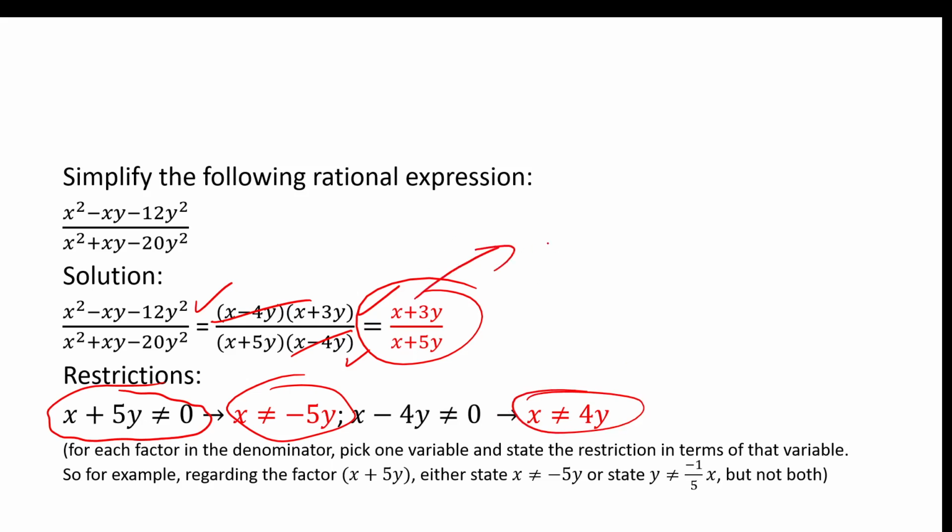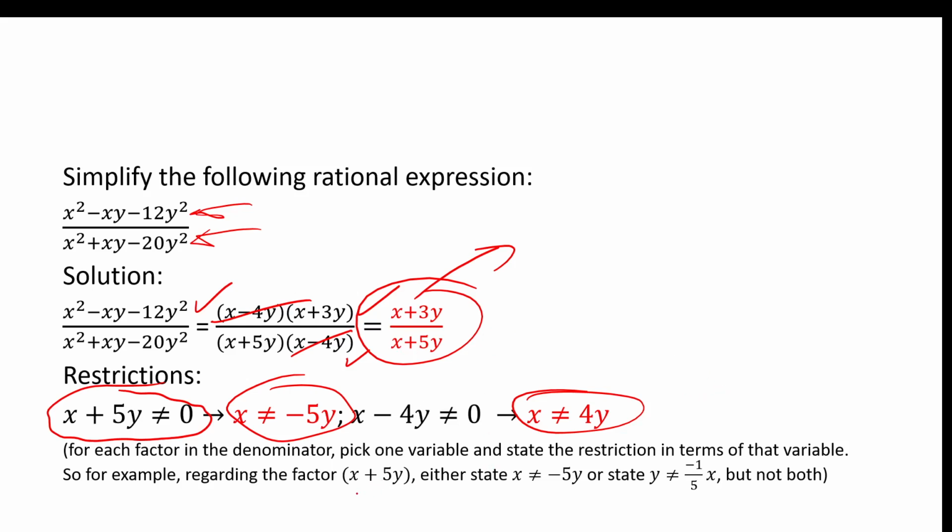Again, we do not say x plus 3y can't equal 0 because x plus 3y can equal 0. It's in the numerator. For each of those factors in the denominator, when we have two different variables like we do here, usually what we'll do is pick one variable and state the restriction in terms of that variable.